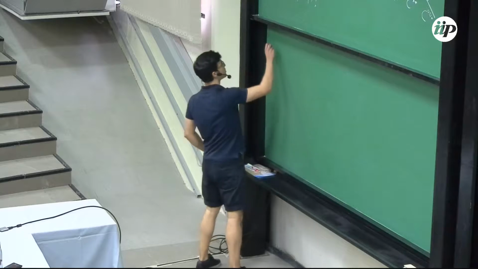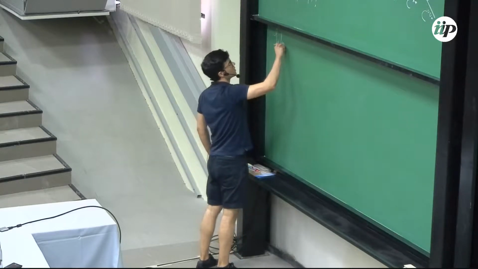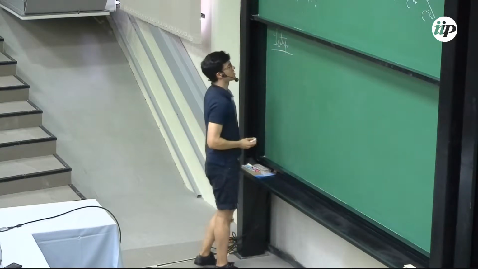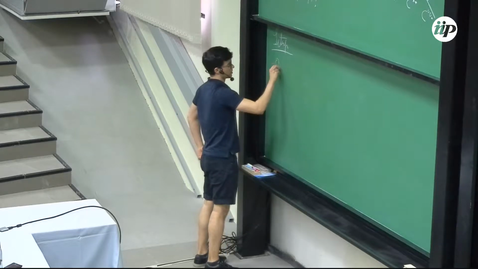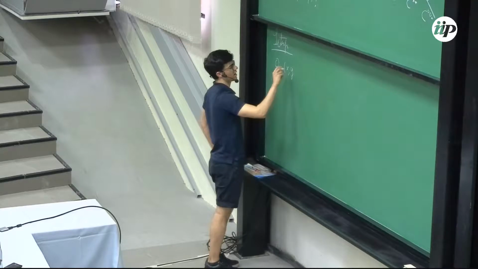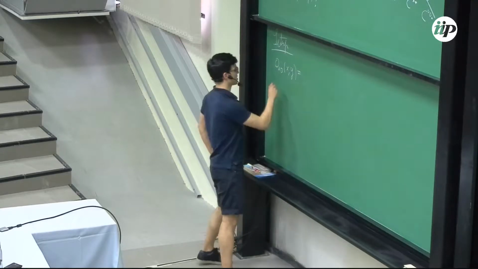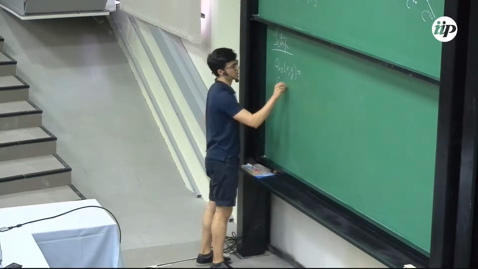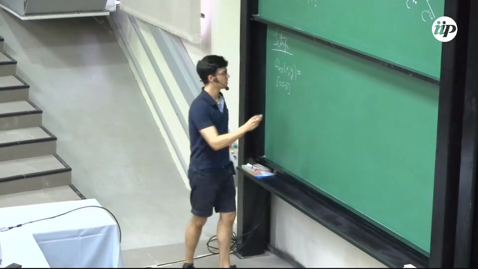So what's the setup? The setup is that we're going to consider the O20 prime operator. It's a function of x and y, because it lives in the 20 prime representation of SU(4).